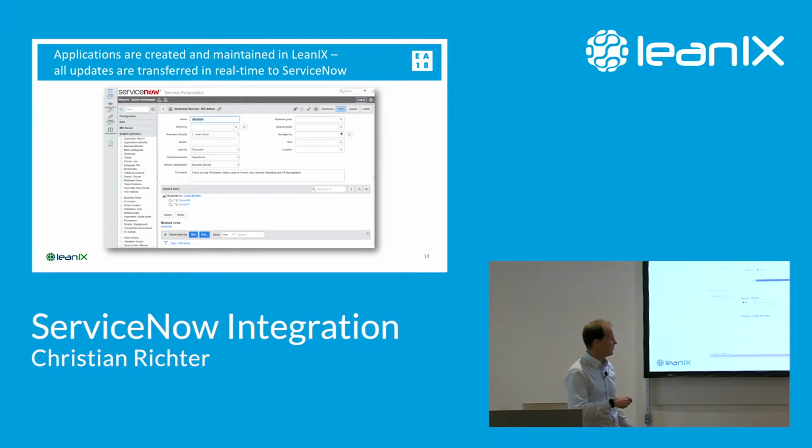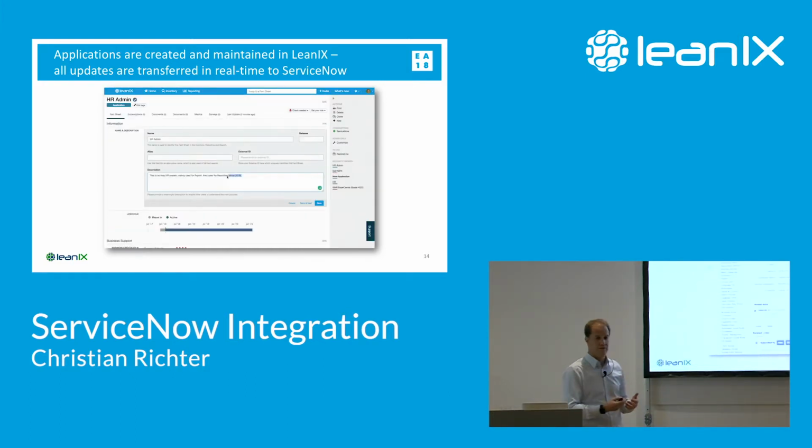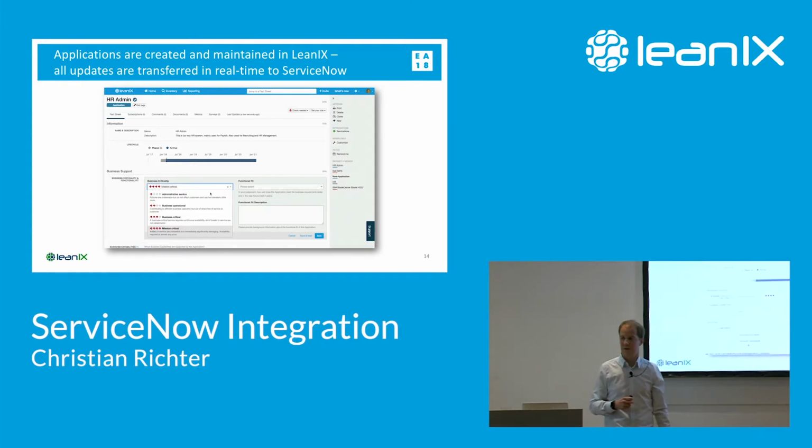I can even change further attributes. It's flexible, as you will see, and I can from there jump directly to ServiceNow. So in the moment where the sync happens, we create those links and make it visible, and see directly that here the description has been applied, and this new criticality rating also has been applied here.